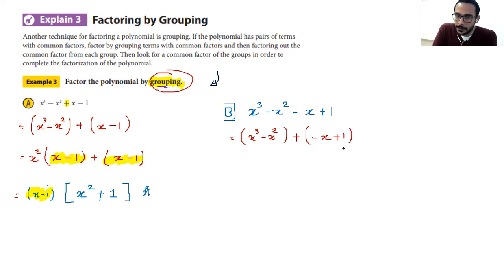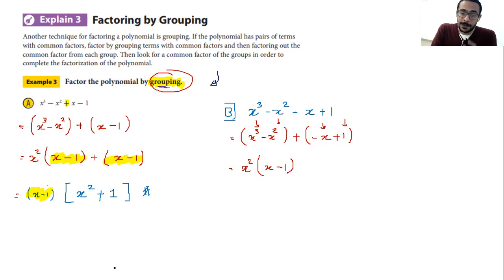This is the third and the fourth, and this is the first and second. From the first parentheses, what's the greatest common factor between them? x power 2. Yes. Divide x cubed by x squared gives? x minus 1. Excellent.